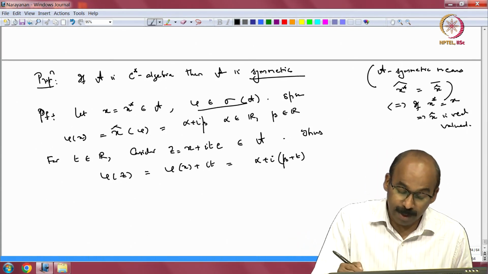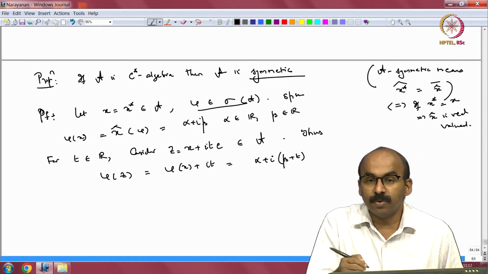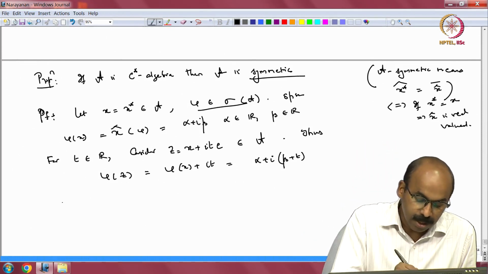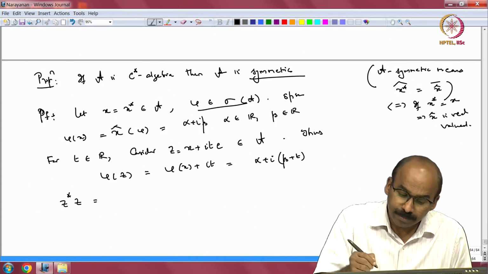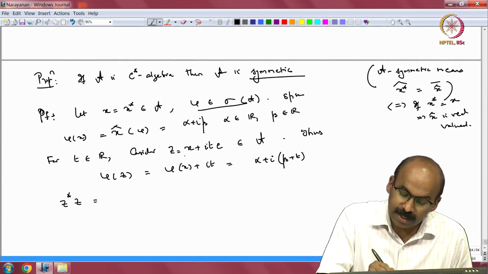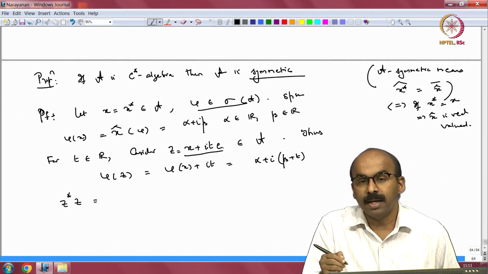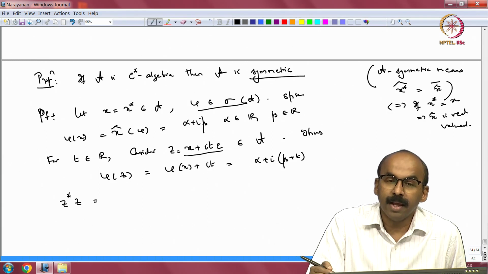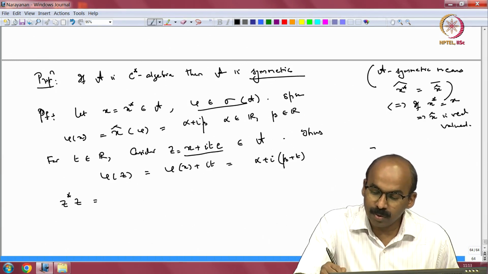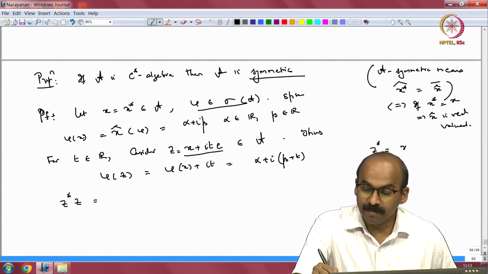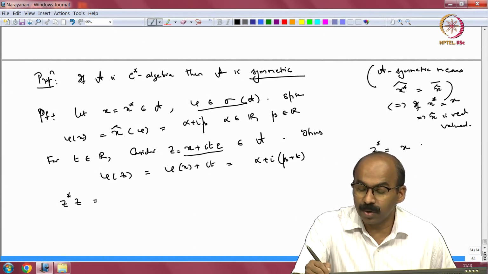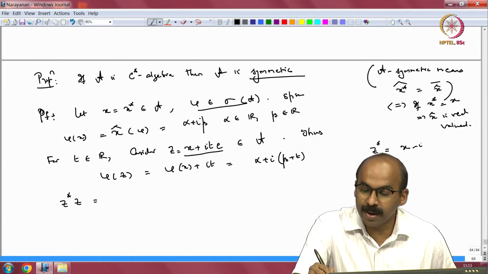So, now we have to bring in the C star identity, because we have to use that it is a C star algebra. So, look at z star z. What is z? z is this element x plus i t e, right. So, what is z star? z star is x star, which is x itself, plus i t e star, which will give me minus i t e, right.